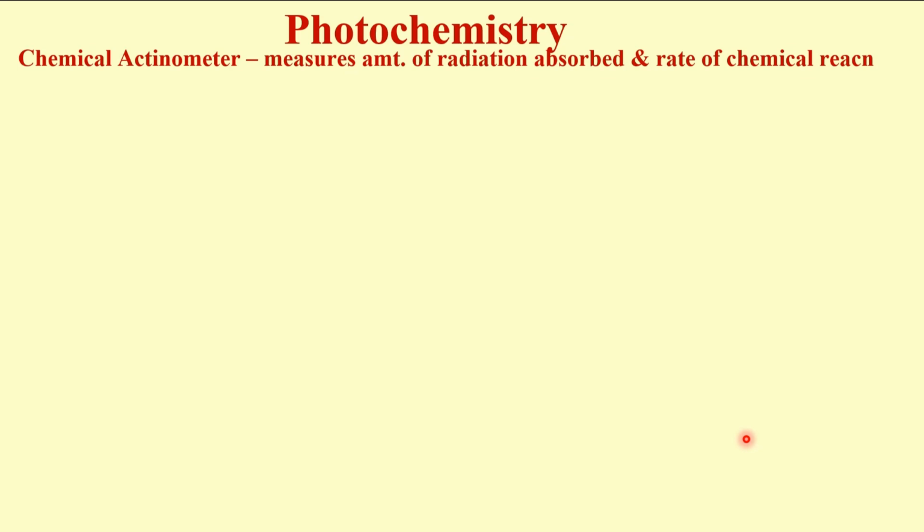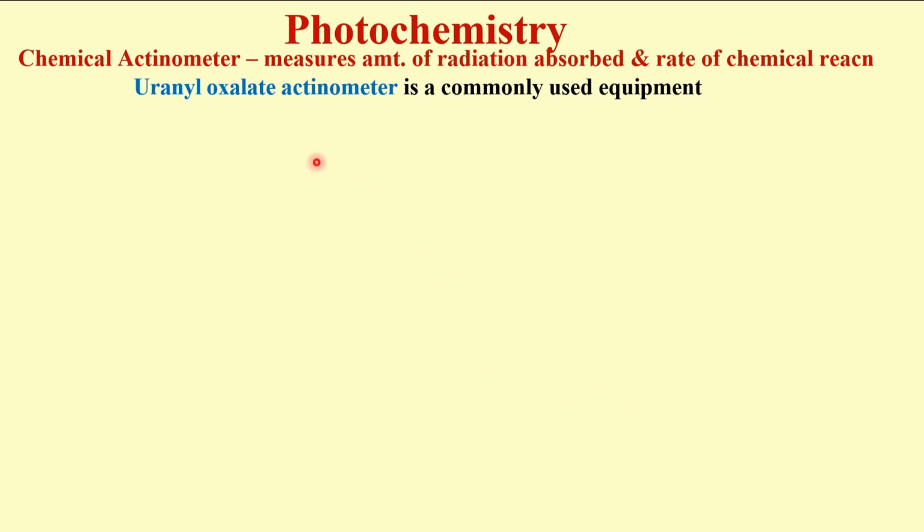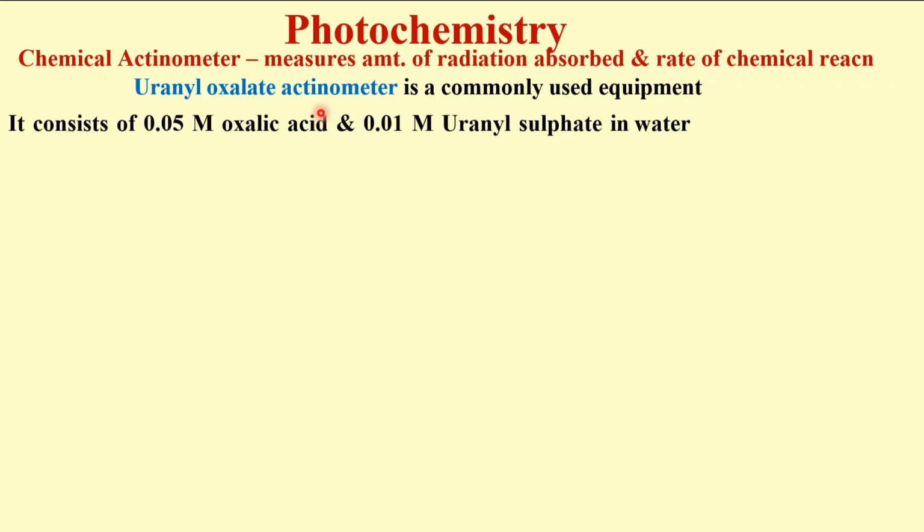The widely used chemical actinometer is the uranyl oxalate actinometer. It consists of 0.05 moles of oxalic acid and 0.01 mole of uranyl sulfate dissolved in water.